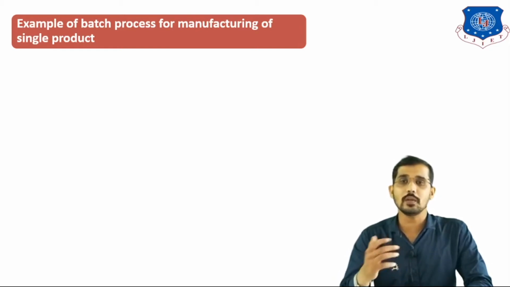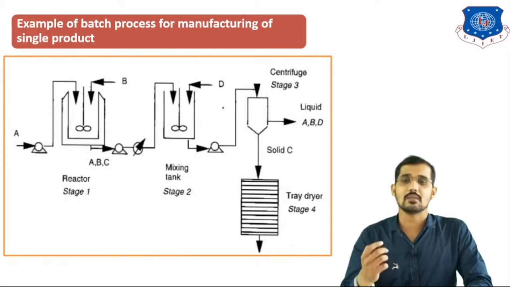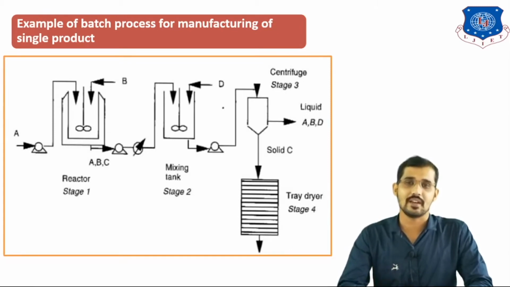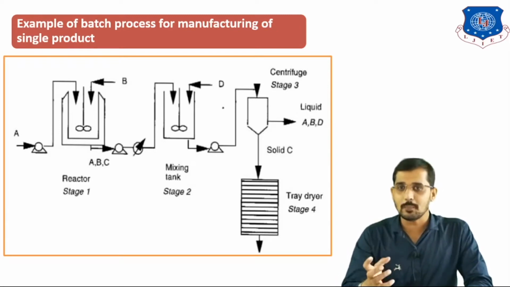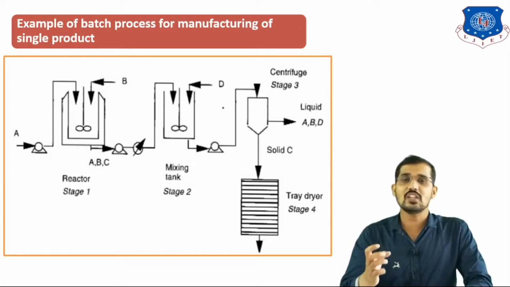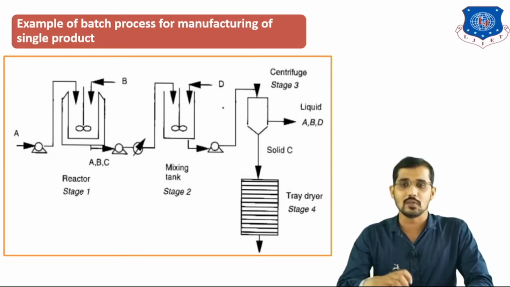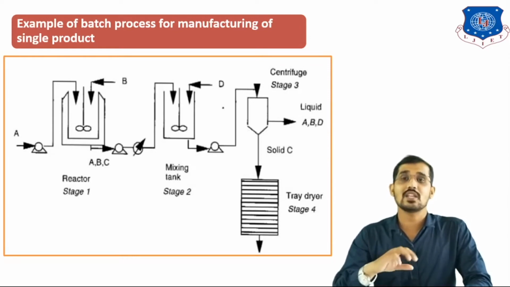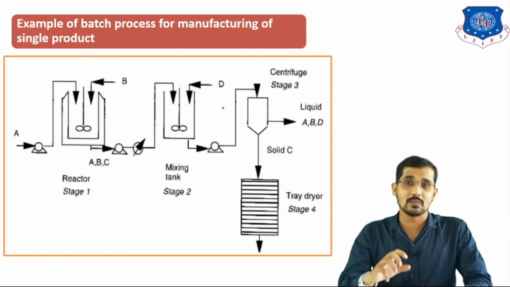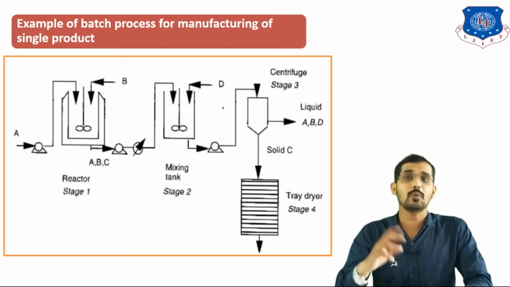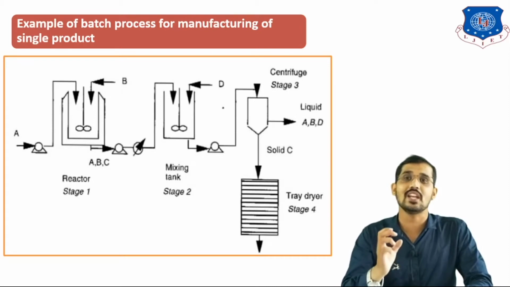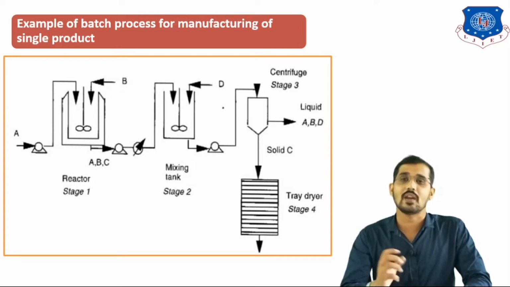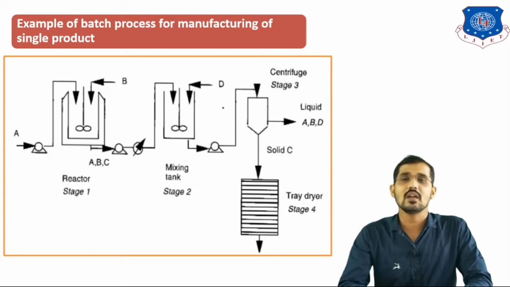Here we are going to use four equipments. The first one is a reactor, the second one is a mixing tank, the third one is a centrifuge, and the fourth one is a tray dryer. For reaction purpose we are going to use an agitated reactor, for mixing purpose we use the mixing tank, for separation purpose, to separate solid from liquid, we use the centrifuge, and finally for drying purpose we use the tray dryer.